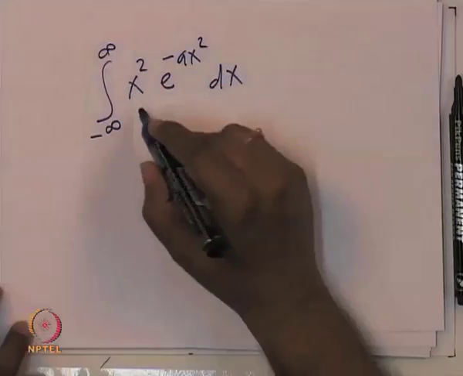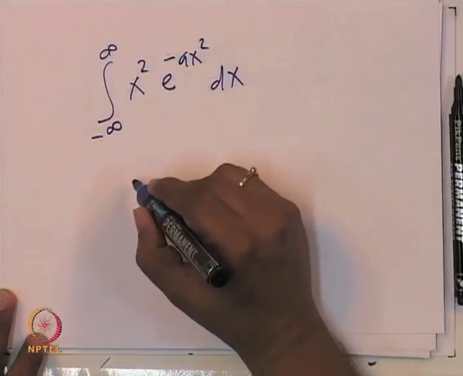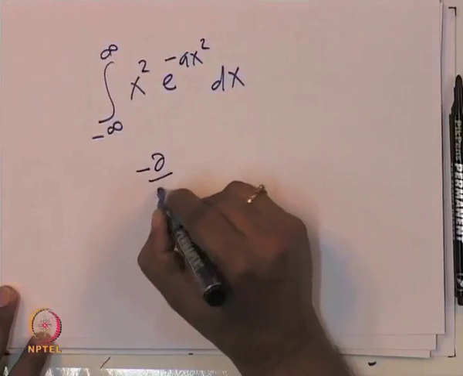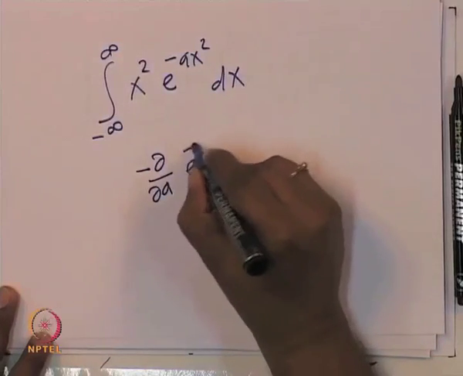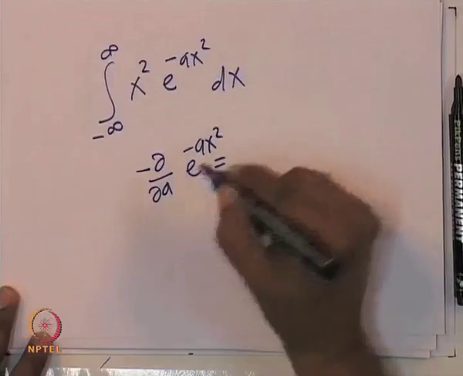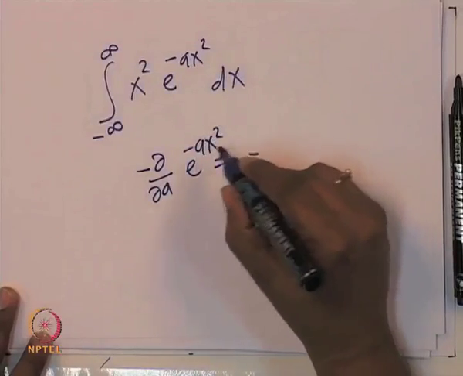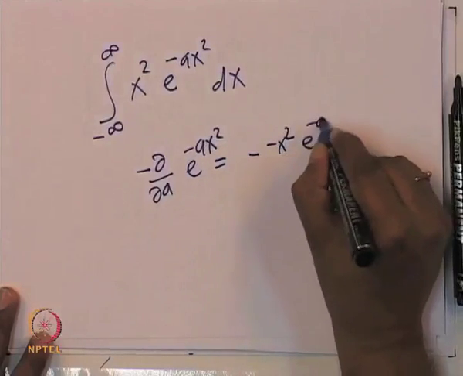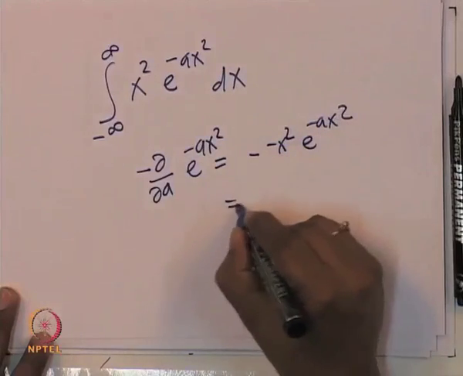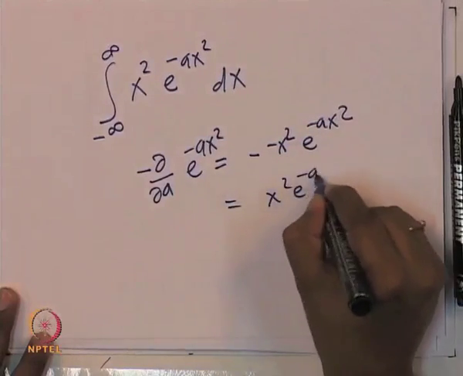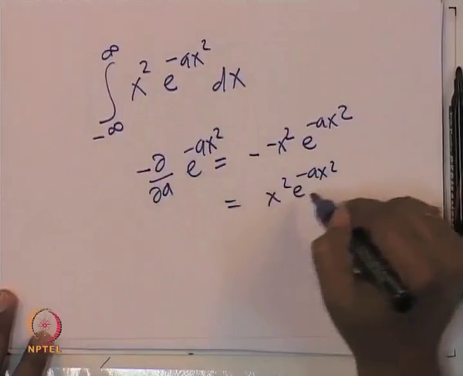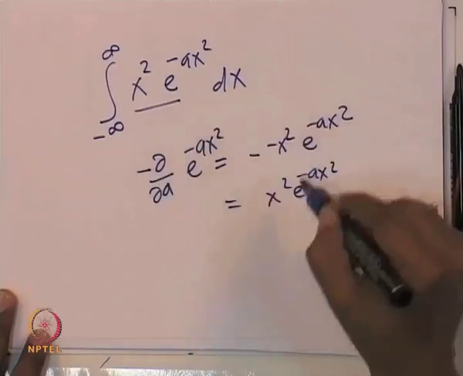Now, if you look at this carefully for a minute, as we said before, minus del by del a of e power minus a x square is nothing but x square e power minus a x square. So, this is what we want here.